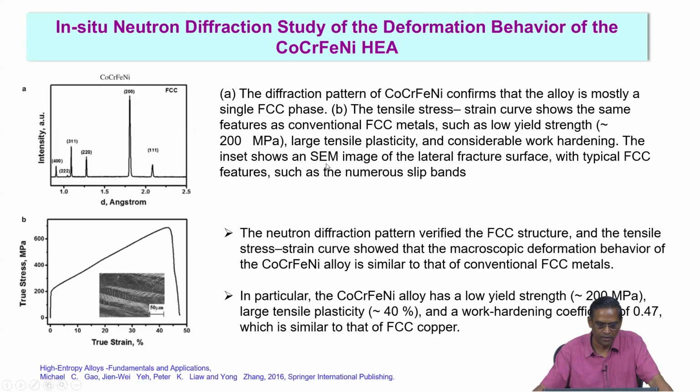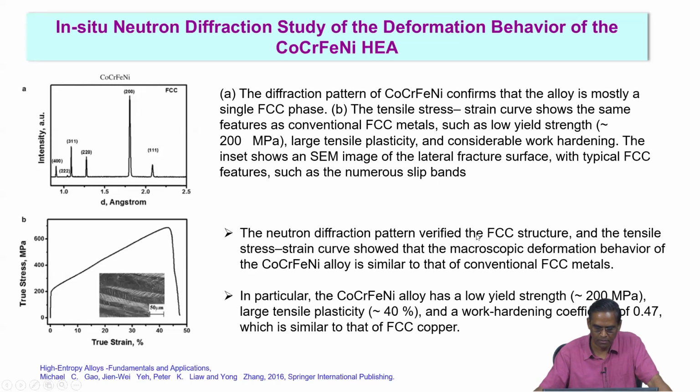The inset shows the SEM image of the lateral fracture surface with the typical FCC features such as numerous slip bands. Okay. So, you can see very interesting slip bands, very high density narrow slip bands. What does neutron diffraction do?